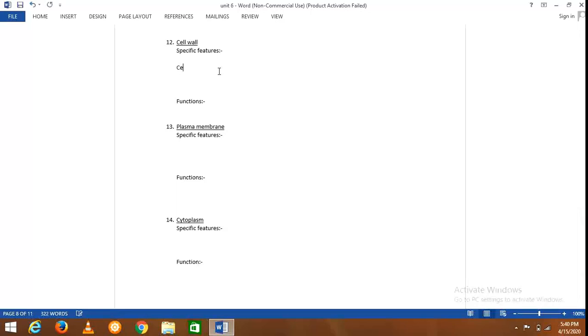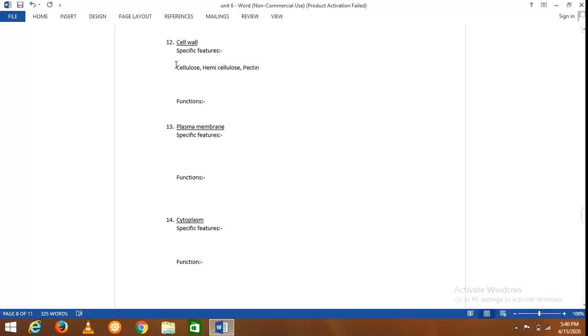Cellulose is there, and there is hemicellulose. Then we can find pectin as well.